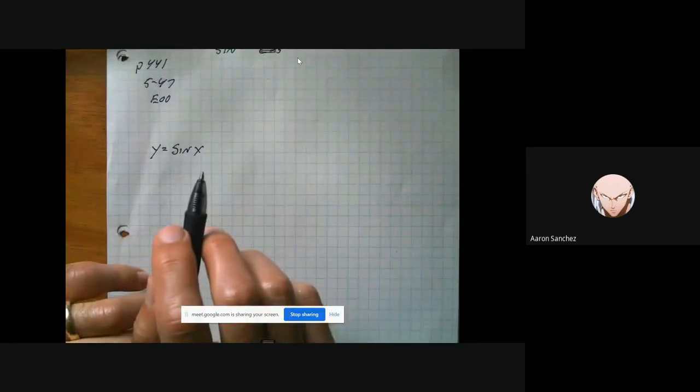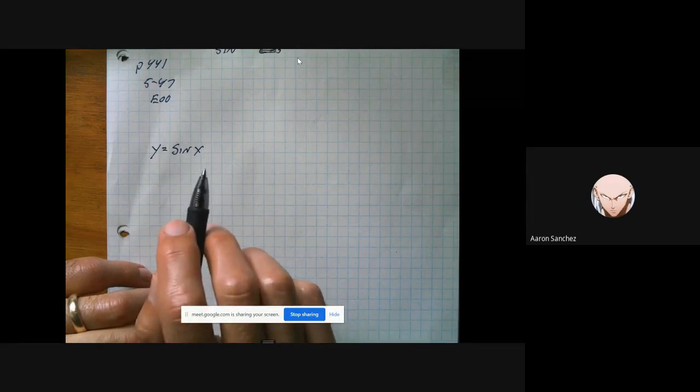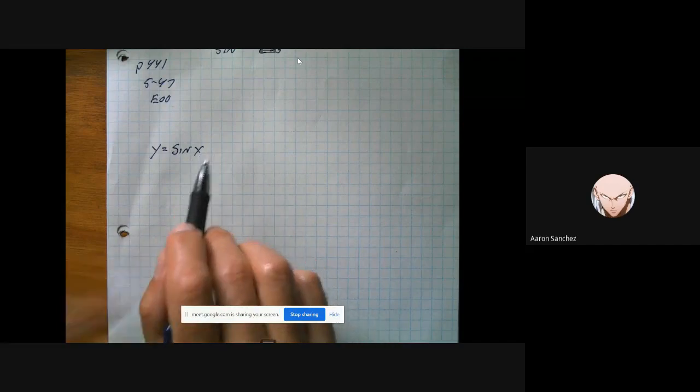Now, remember, cosine is the x and sine is the y. Even though I'm plugging in sine of x, we look at our unit circle.